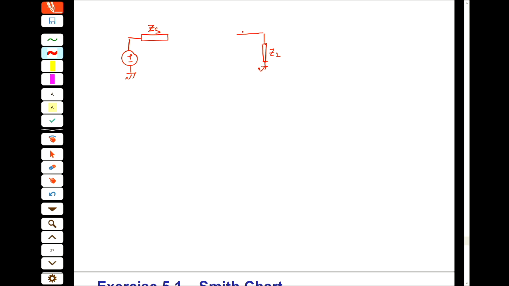And I'm doing this for an L network similar to pi or T. So this is the XS, this is, for example, XL.